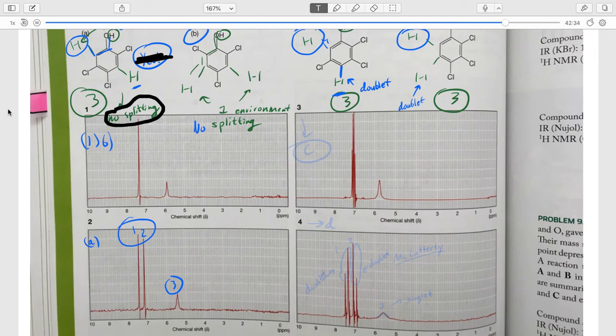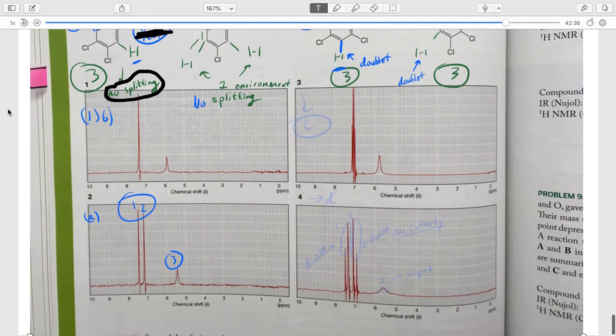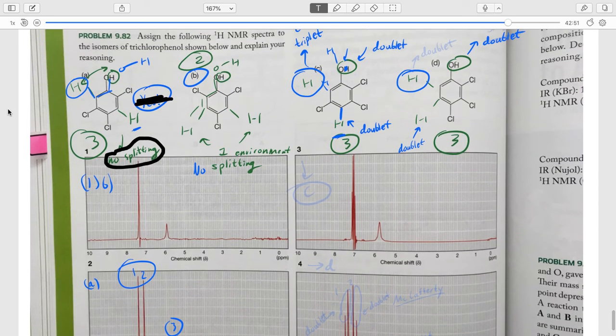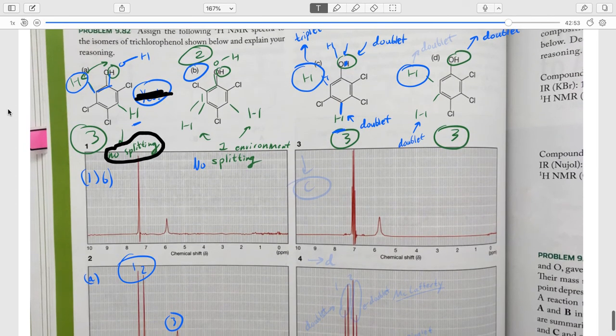Forget that. Don't forget it, but for the purposes of this test, don't worry about it. So yeah, we'll say that this one does not cause splitting. Oh, you know what I think it is? It's because this is a benzene ring versus just a normal double bond. Which is why this is a good problem to do.